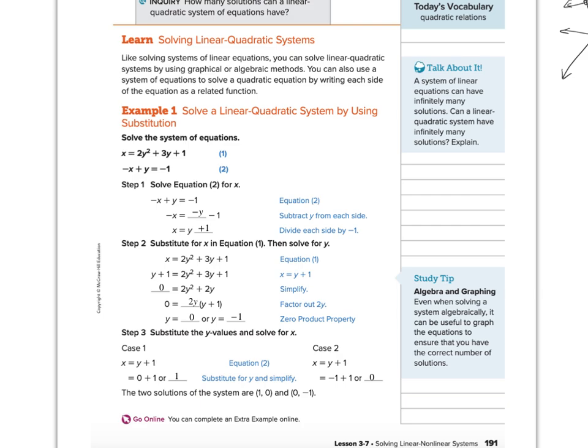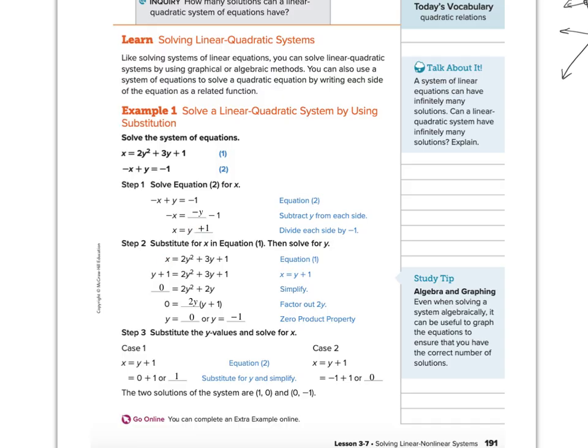So solving this system, we want to solve equation number 2 for x. What we're trying to do is solve everything in terms of y. So x is equal to y plus 1. Now we can take this x and substitute in y plus 1, and that's what they've done.